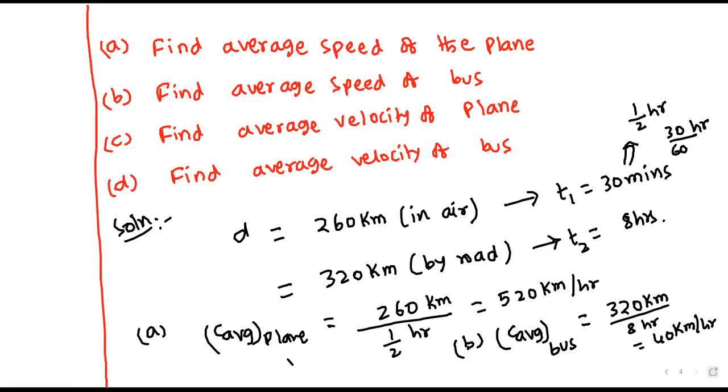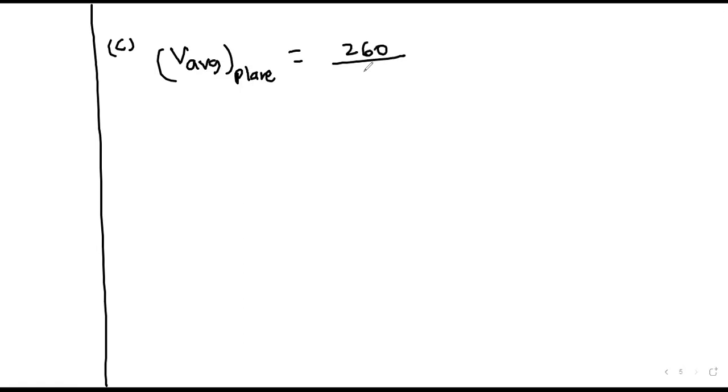Next, we need to find average velocity. Average velocity means it is the total displacement. Total displacement means it is V average of plane, that is 260 kilometers by half an hour.